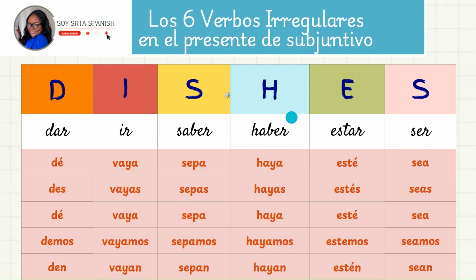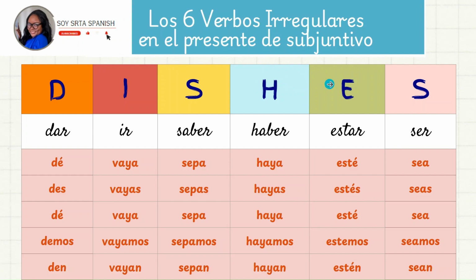So dar would be dé, des, dé, demos, den. Ir, which is very popular, vaya, vayas, vaya, vayamos, and vayan. Saber, to know, would be sepa, sepas, sepa, sepamos, sepan. Haber, which is to have, haya, hayas, haya, hayamos, and hayan.